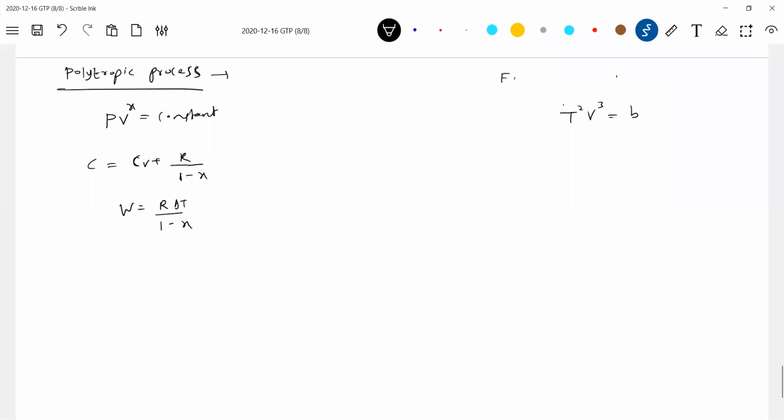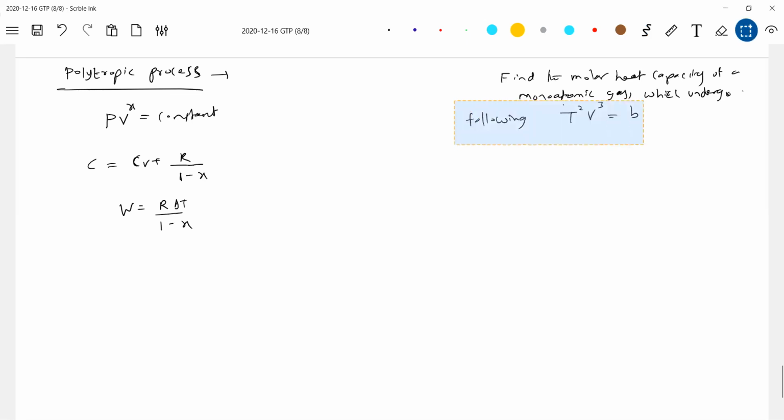Find the molar capacity of a monoatomic gas which undergoes the following process.